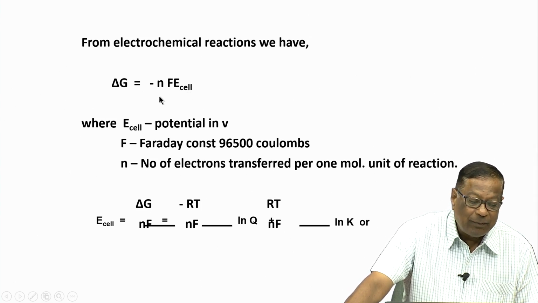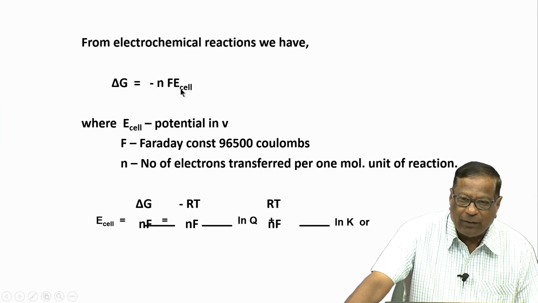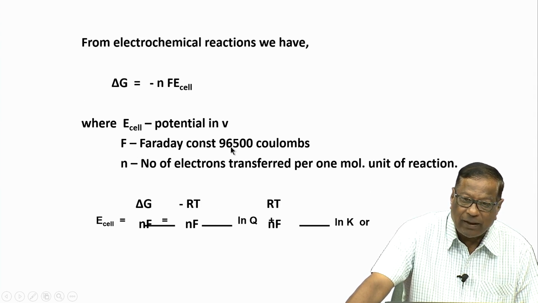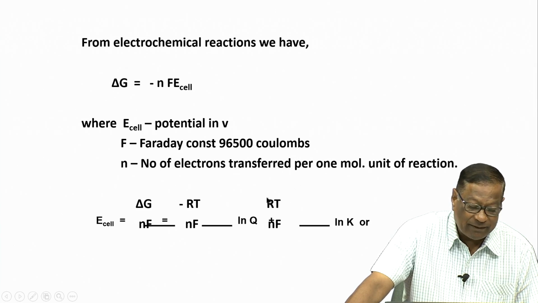You can look up the thermodynamics books to find out how this expression is valid, how it is derived. In this expression, E cell is the potential in volts, F is the Faraday constant, that is 96,500 coulombs, and N is the number of electrons transferred per 1 mole of unit reaction.